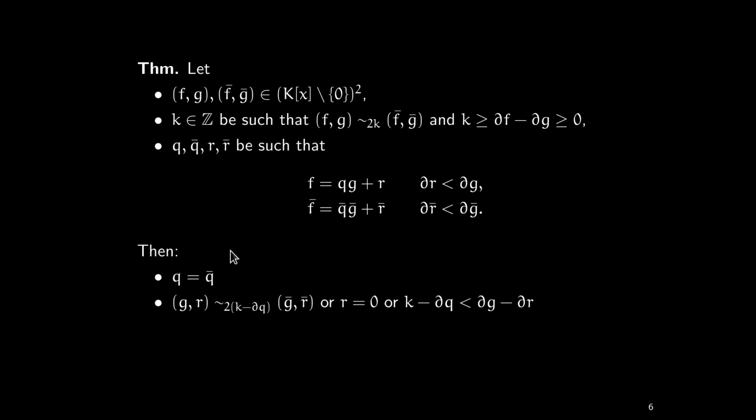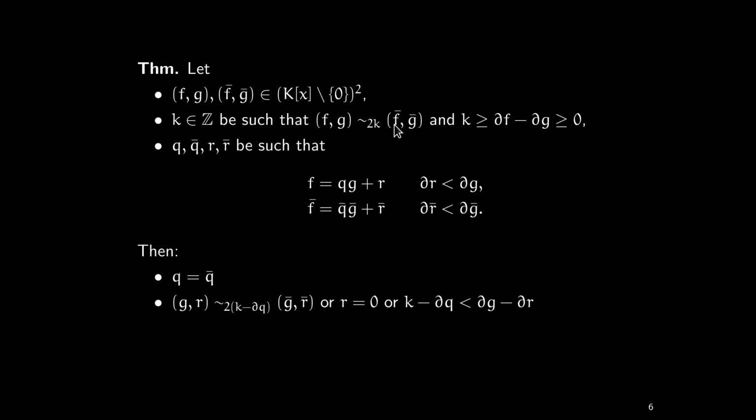Or it can be that you have a division with an unusually high degree drop in the remainder. And if the degree drop is more than indicated by this inequality, then this is also not true, or does not need to be true. So we are claiming two things.